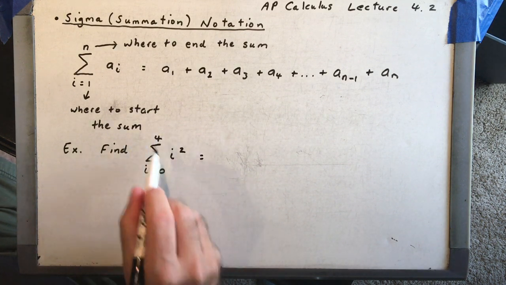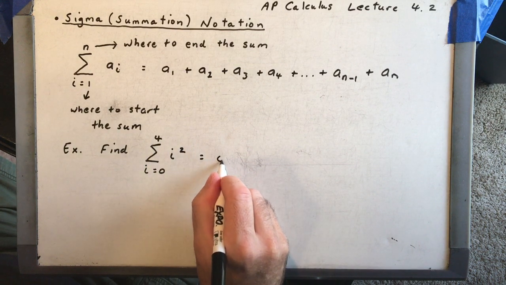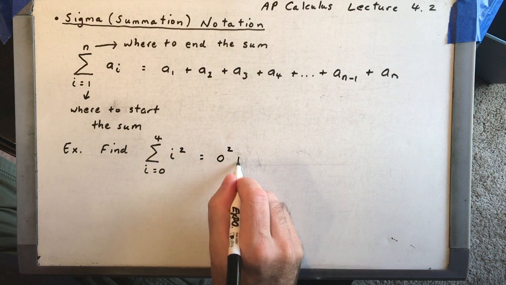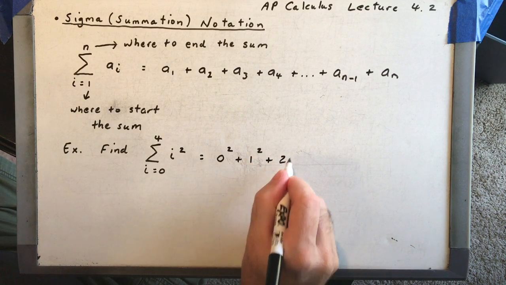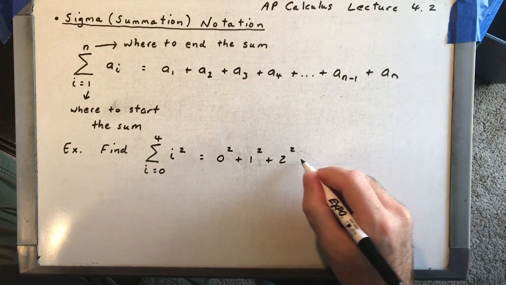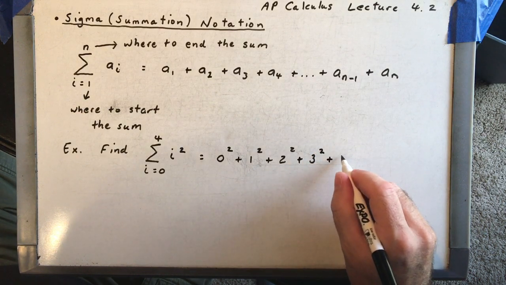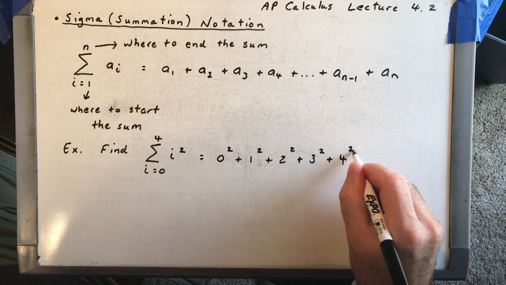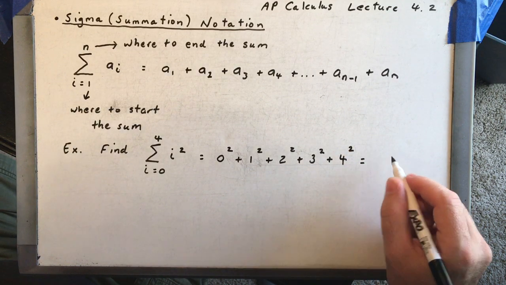So think of it as going round and round until we get to 4. So it'd be 0 squared plus 1 squared plus 2 squared plus 3 squared, and then we end at 4, so plus 4 squared. You add all that up and you'll get 30.